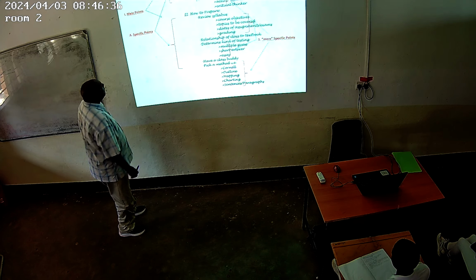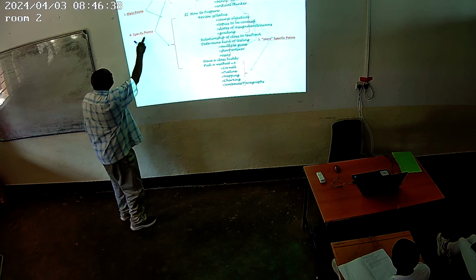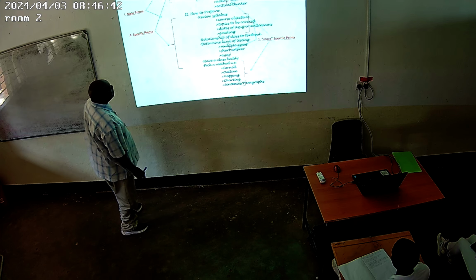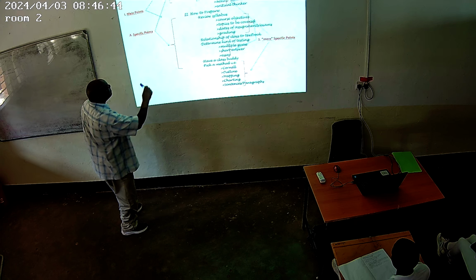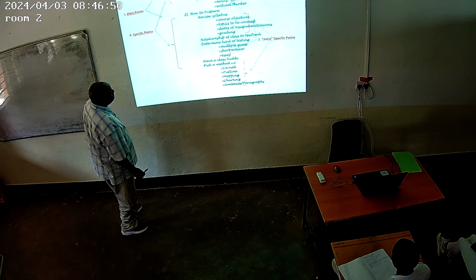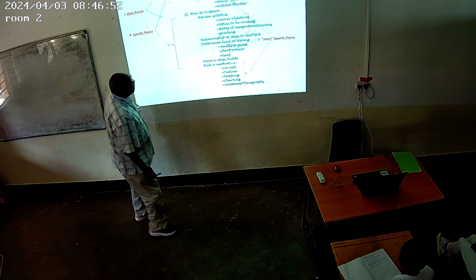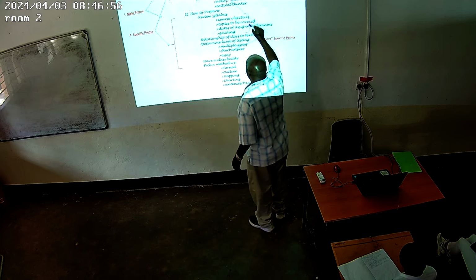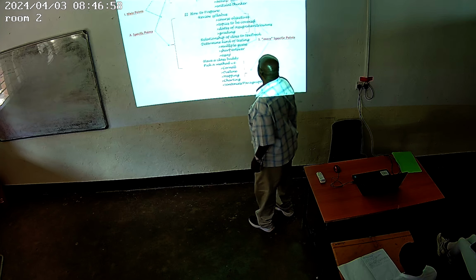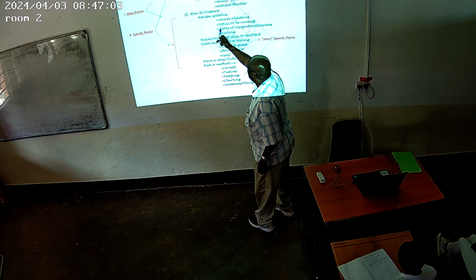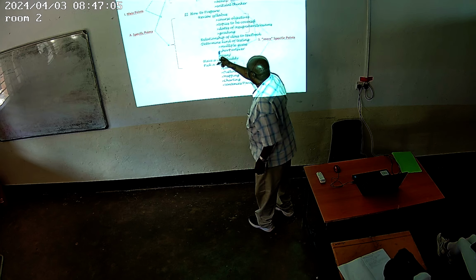And then specific points are the ones with the dashes. And then more specific points, or some points, are the ones with these pointers.